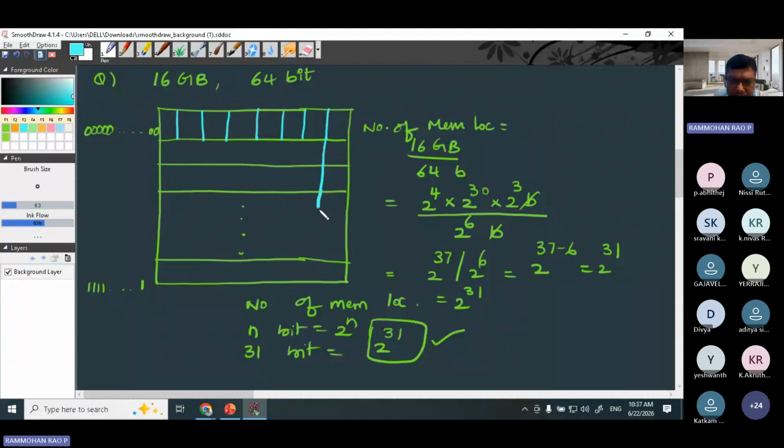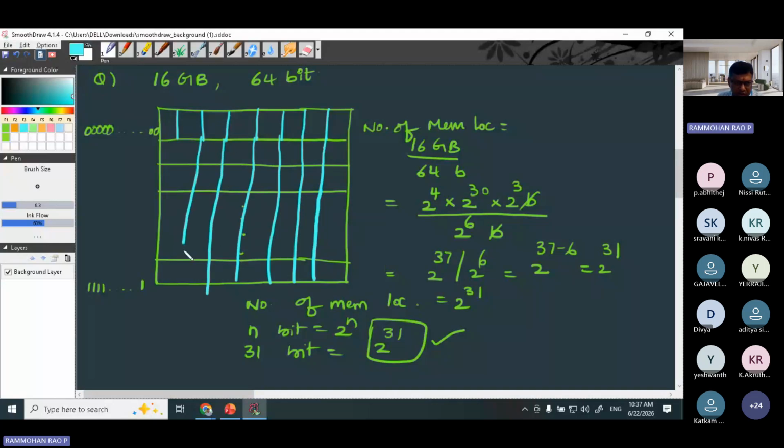That's the reason this line will continue. So in every memory location, I'll get 8 pieces. Please forgive me for this very odd drawing. Just focus on the concept.